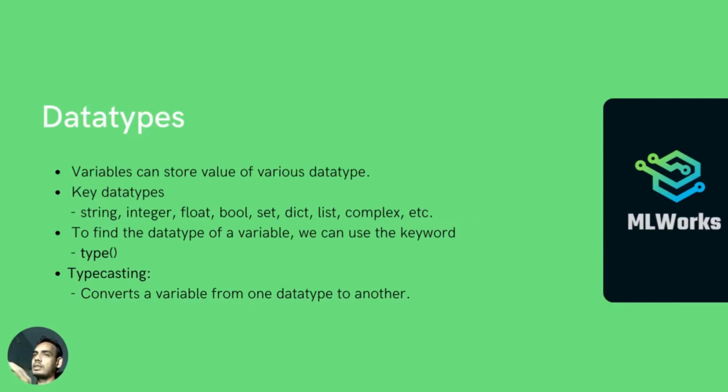To find the data type of a variable, we can use the keyword type followed by the variable name, which will give us the data type of that variable. Typecasting is when you have a variable of type string and you want to convert it into an integer; then we can use typecasting to do that. We'll see all this in code actually.